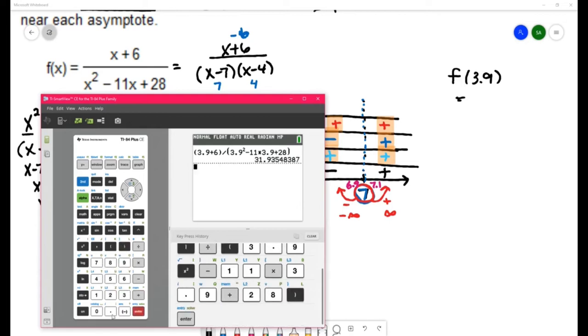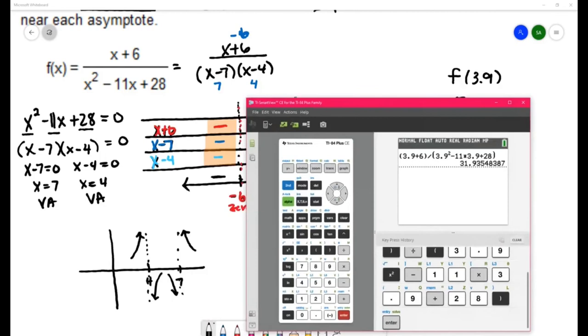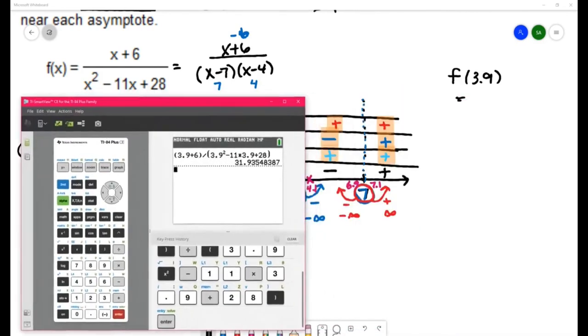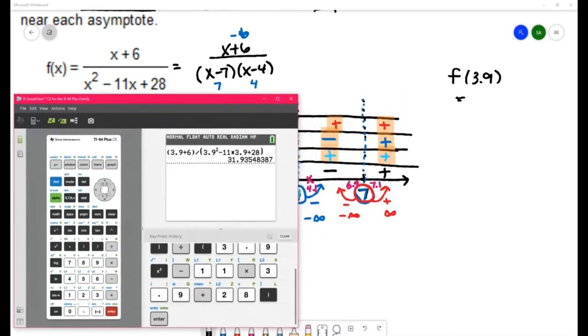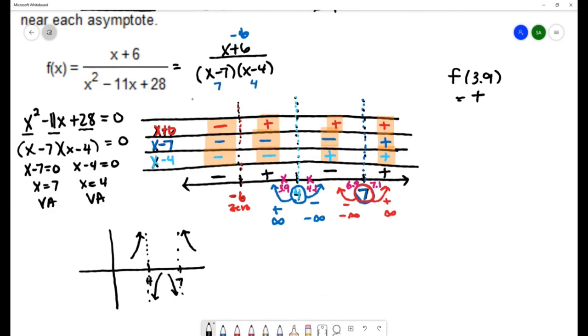And all we need to pay attention to is whether we get positive or negative, and we got positive. And that matches what we saw on our graph. Then we do it again for 4.1.